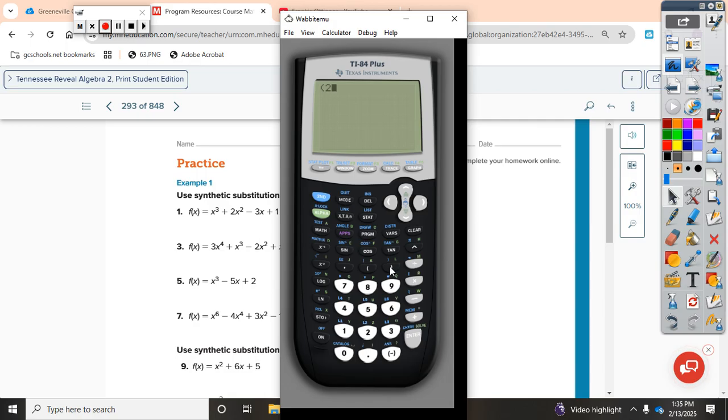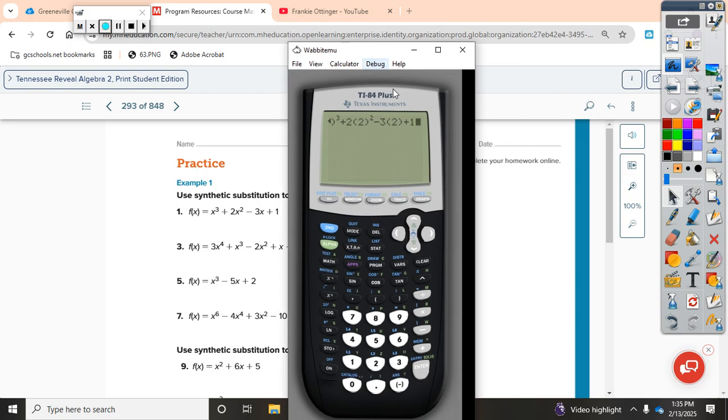So parentheses x squared, that's x cubed actually, plus 2 parentheses x squared, and again I'm plugging in 2, I'm saying x, and we should get the same answer. So the one way was synthetic division, the other way is synthetic substitution, and I did not get the same answer. That's awesome. So I did something wrong somewhere. All right, hold on.